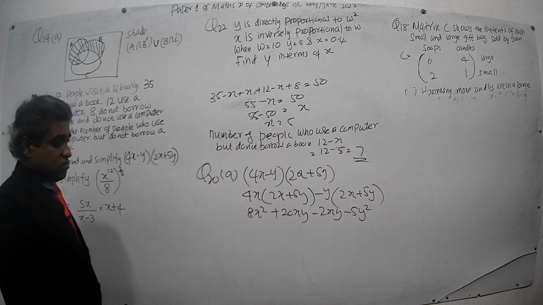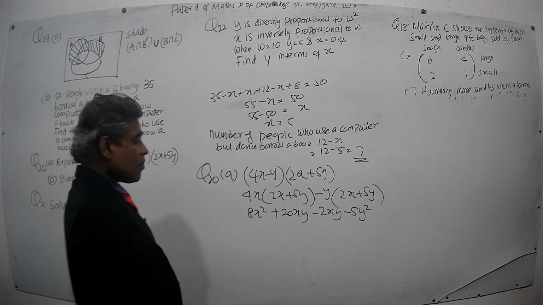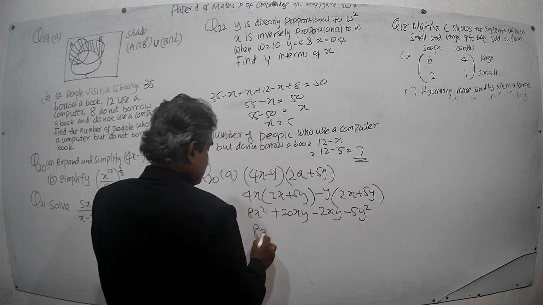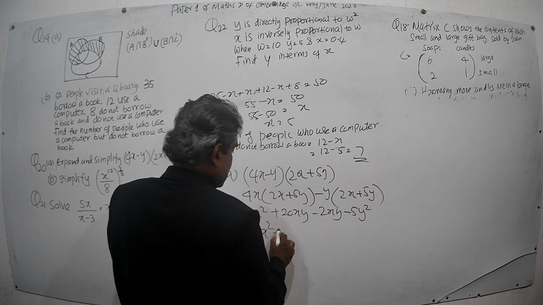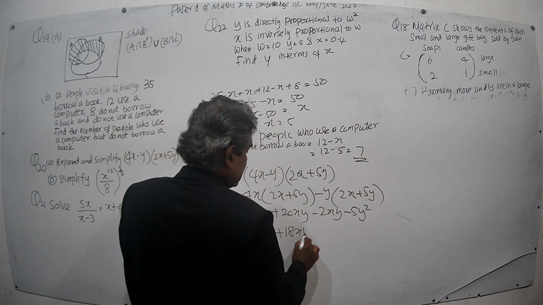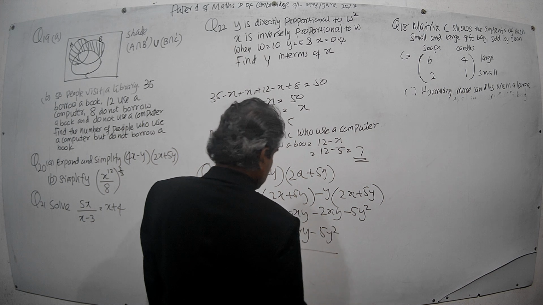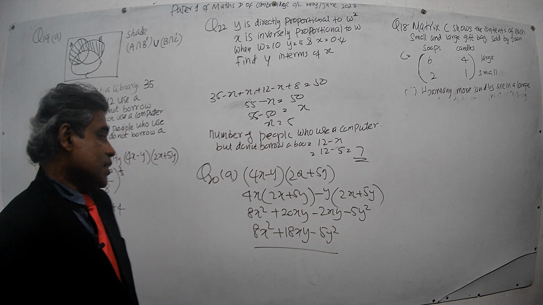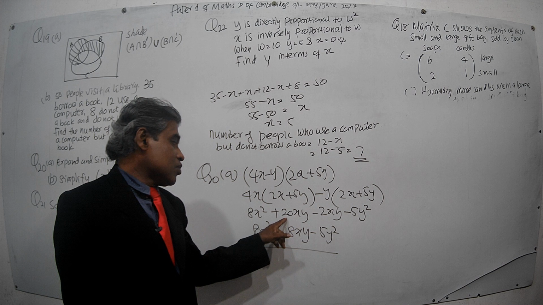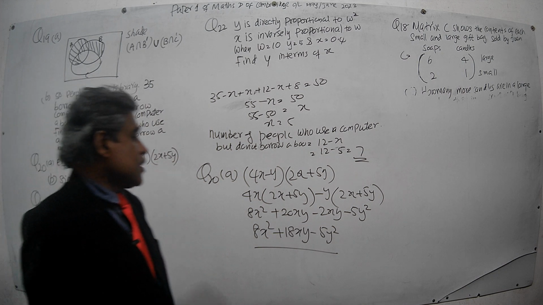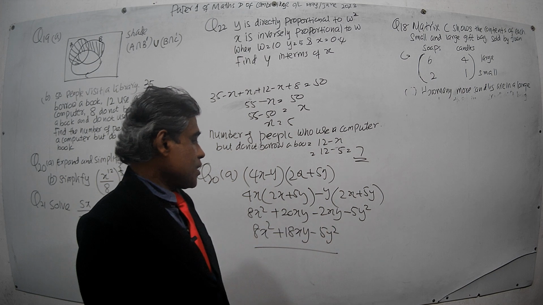Okay. Here 20xy minus 2xy, then 8x squared plus 18xy minus 5y squared. Okay. After adding these two like terms, that is plus 20xy minus 2xy, they can be subtracted as like terms.